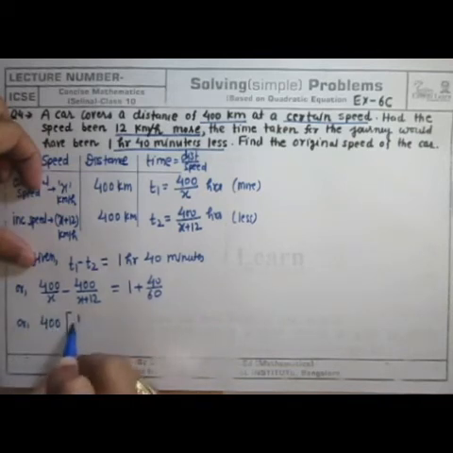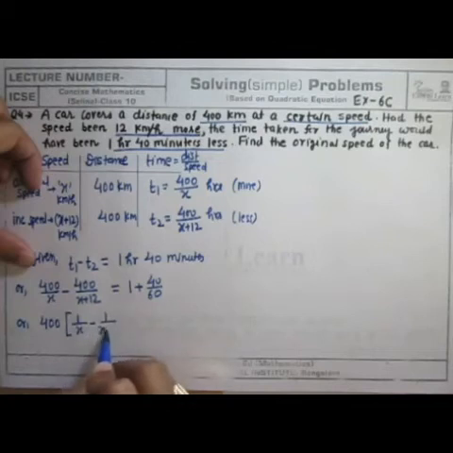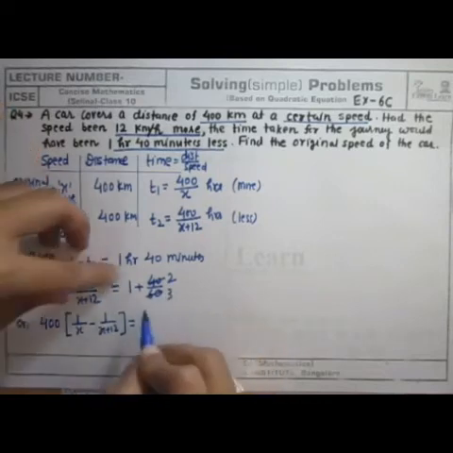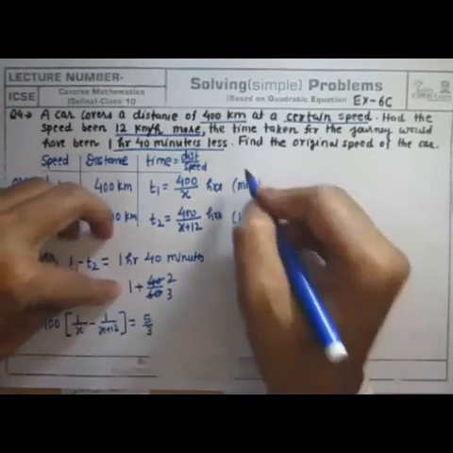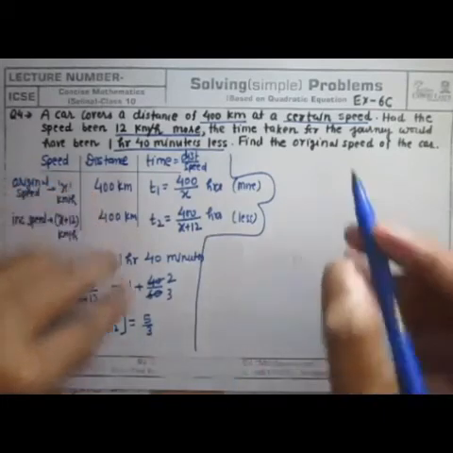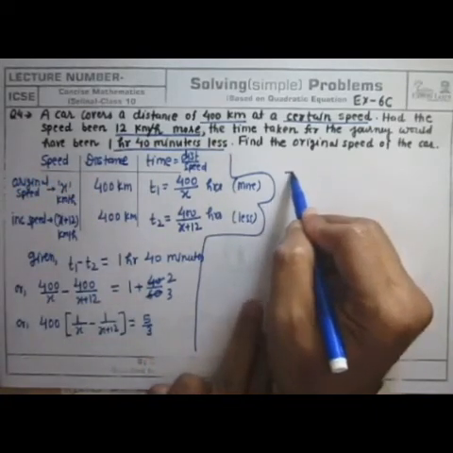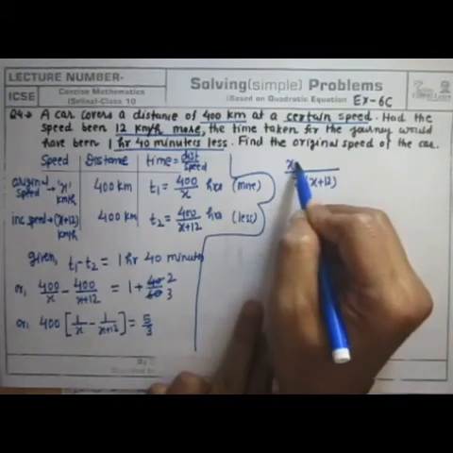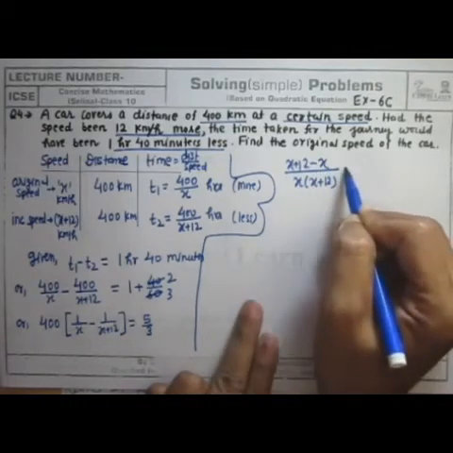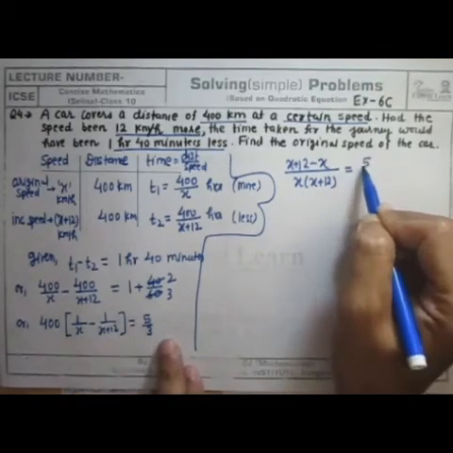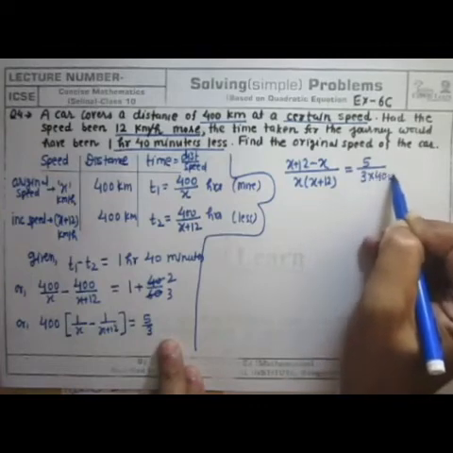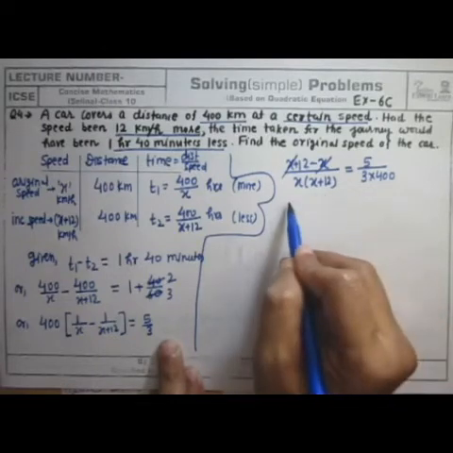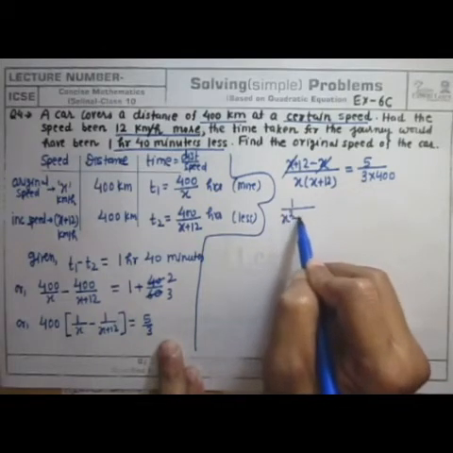Take 400 common from here. So in the bracket we will get 1 by x minus 1 by x plus 12 is equal to, here 40 by 60 is 2 by 3, so we will get 5 by 3. Now make a space here. So LCM will be x into x plus 12; it is x plus 12 minus x, and shift this 400 this side. So 5 by 3 into 400, x cancels, so we will get 12 by x square plus 12x.